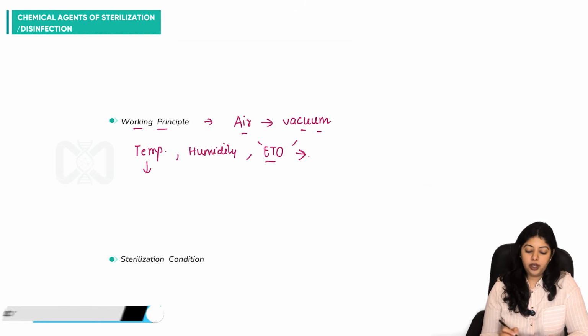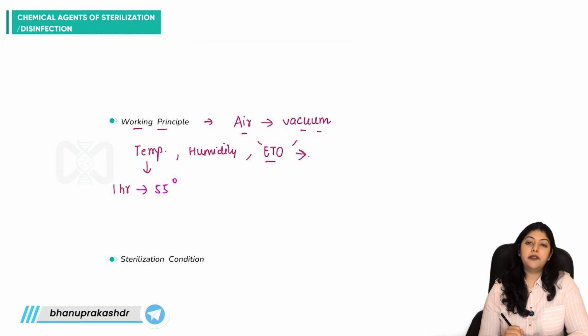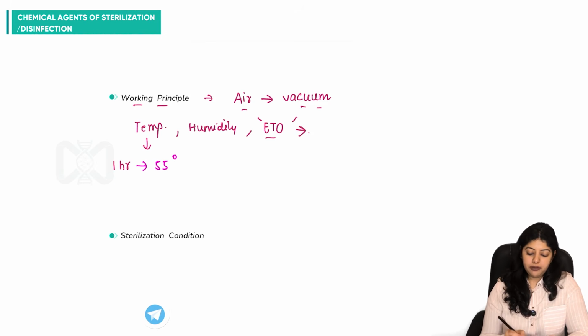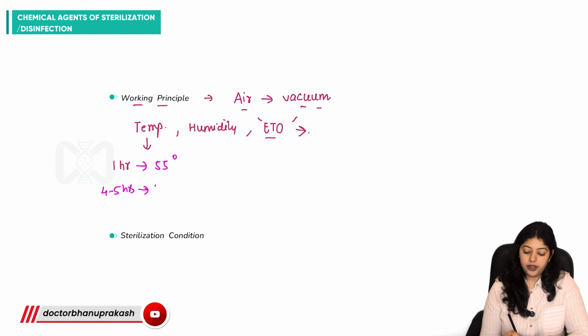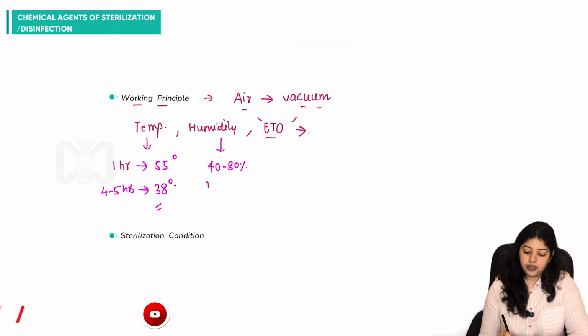If the cycle is running for around 1 hour, the temperature needs to be set at around 55 degrees. And if it is running for around 4 to 5 hours, then the temperature we require is 38 degrees. For humidity, we require at least 40 to 80% relative humidity.